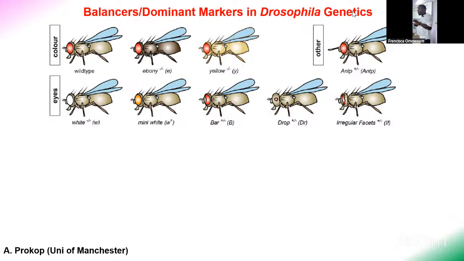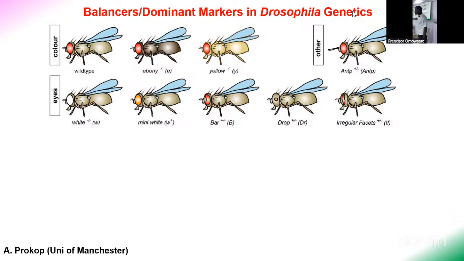The reason they need to be male is because recombination doesn't take place in males. That's a rule. Exactly. So this is, for example, a marker, not a balancer. Mini white is also a marker, not a balancer. But I'll show you some of the balancers.